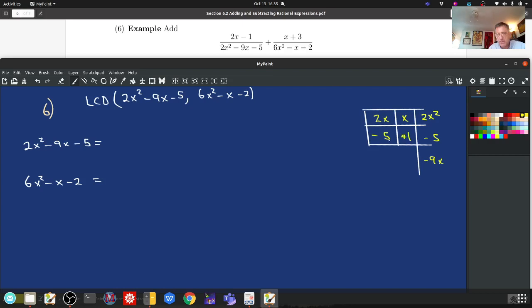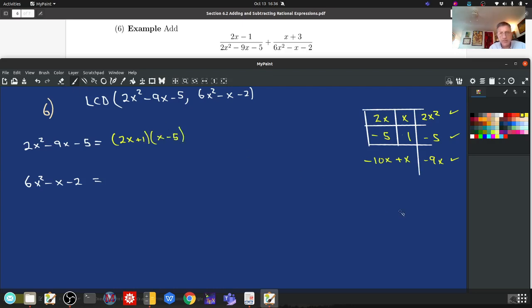So 2x times minus 5 is minus 10x, and x times, in case you're wondering, there is no sign there, that's just a plus. That's plus x. And minus 10x plus x is minus 9x. So my factorization, remember we go kitty corner, 2x plus 1 times x minus 5.